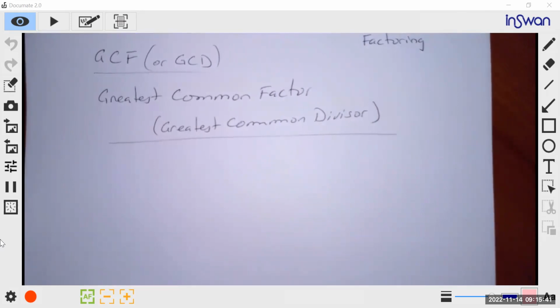What we have to do here is we did this prime factorization. We take a number, break it down to its smallest pieces to see what it's made up of, and then we look at what they have in common. That's the greatest common factor.